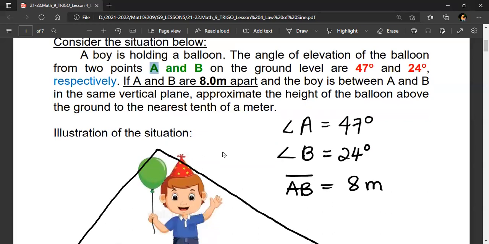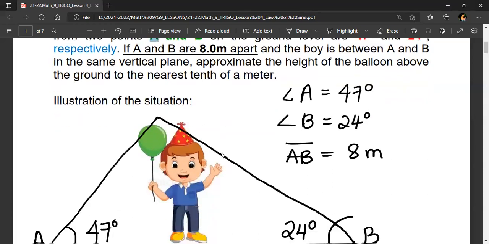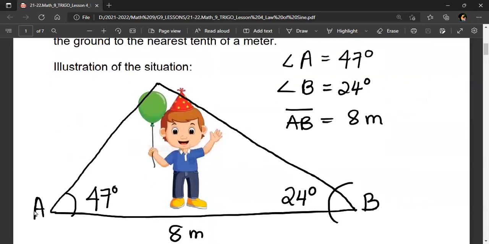Now, if we illustrate it this way, we will find that point A is on the left and point B is on the right. However, it depends on the perspective of the one drawing, as long as the boy is in the middle of points A and B. In this situation, point A is on the left side of the boy and point B is on the right side, facing us.